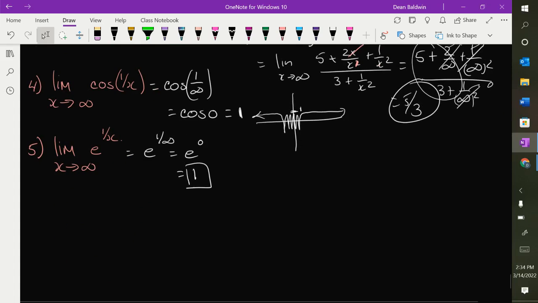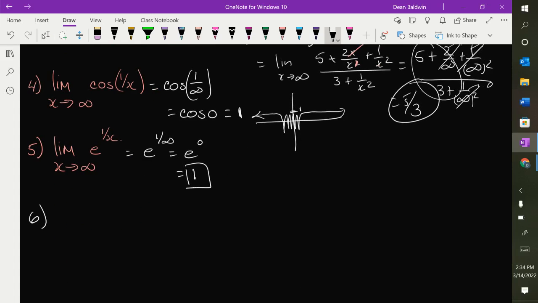Okay. One last example. Number 6. We will do the limit as x goes to infinity of 2x cubed plus 1 over 3x squared plus 1. Okay. So the highest exponent is 3.